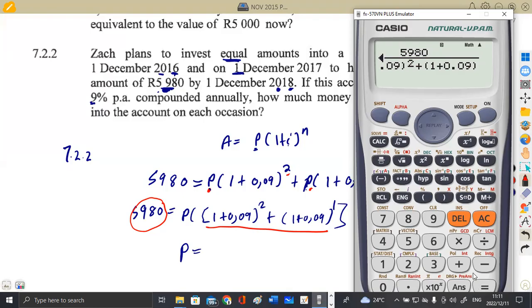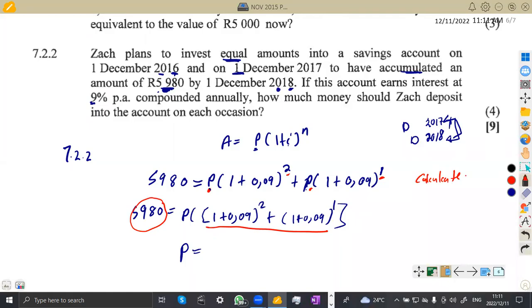So we are going to have 2624.994, which is just 0.99. So that is the amount on each occasion. So this was 2624.99 Rand. That was the money that he was depositing on each occasion. So that was finance, having a total of 9 marks on question number 7.